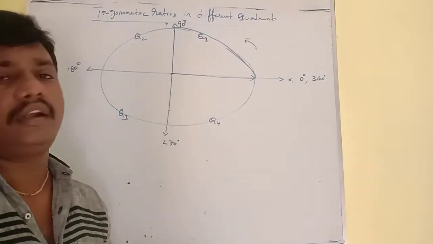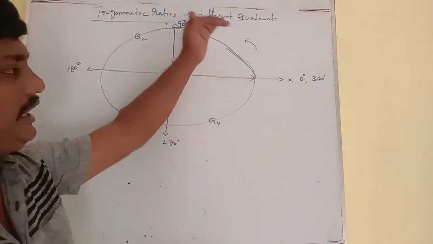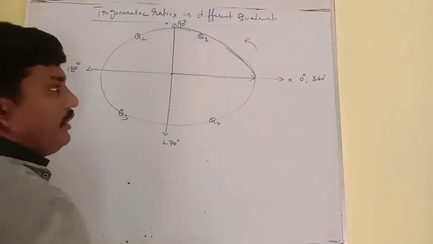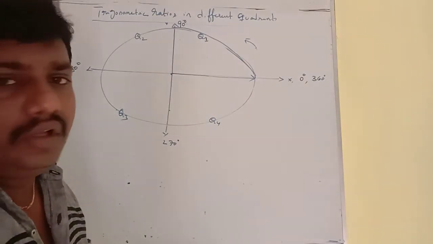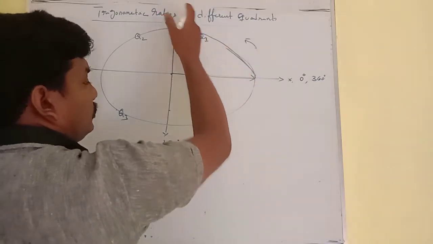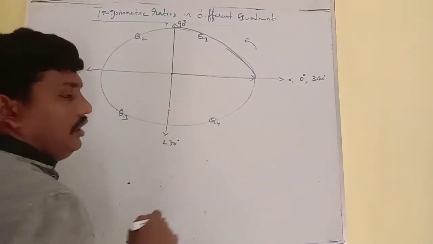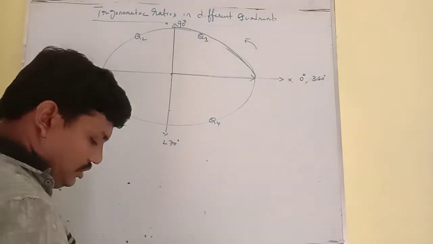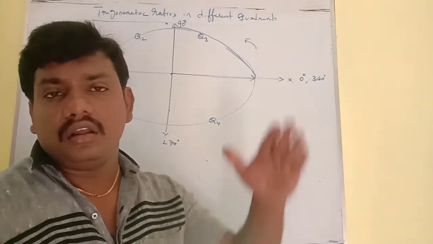Now, what are the first quadrant angles, second quadrant angles, third quadrant angles and fourth quadrant angles? When our rotating ray goes from the positive x-axis to the positive y-axis, the angles inside are called first quadrant angles, from 0 to 90 degrees. All are acute angles.